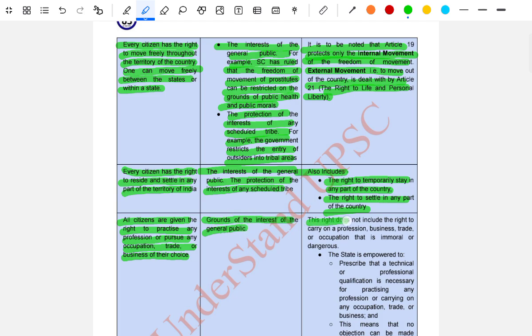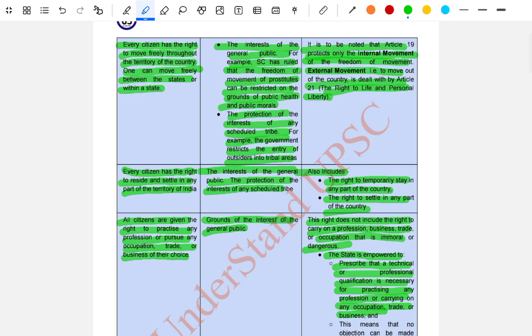The right does not include the right to carry on a profession, business, trade or occupation that is immoral or dangerous. The state is empowered to prescribe that a technical or professional qualification is necessary for practicing any profession or carrying on any occupation, trade or business.